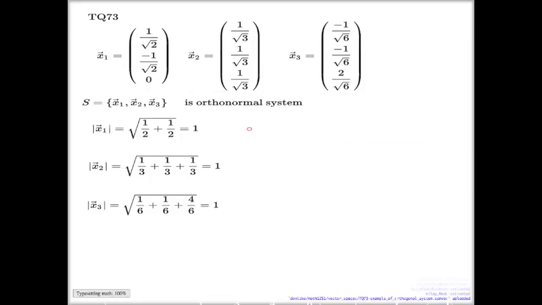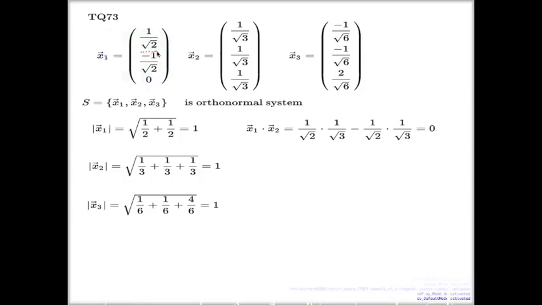Dot products, we have three possible couplings, right? If I couple x1 and x2, that's a dot product. I insist it is 0. Yes, it is actually. Second coupling, x1 and x3, 0 again, because we get a plus and minus, plus and minus.